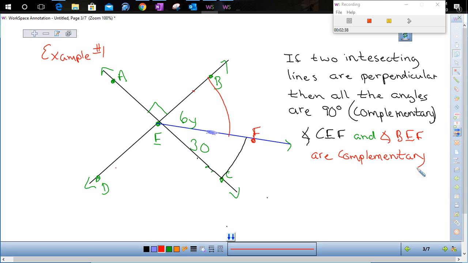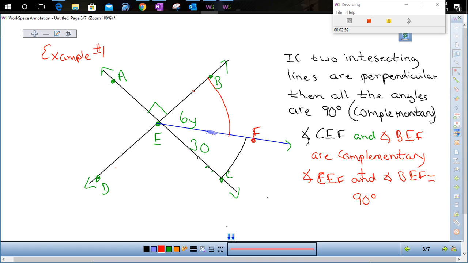Really, what we're saying is that angle CEF and angle BEF equal 90 degrees. So when we add those two angles together, they're going to equal 90 degrees.